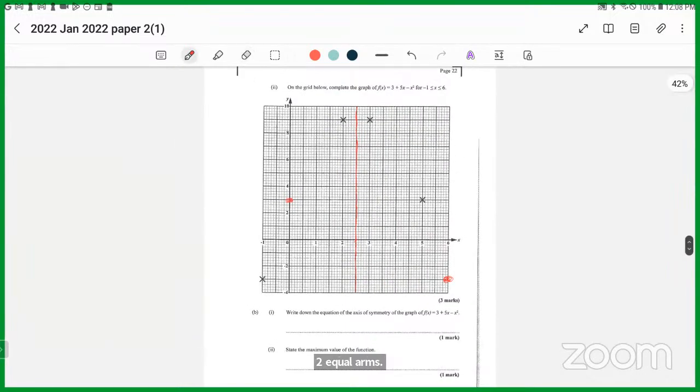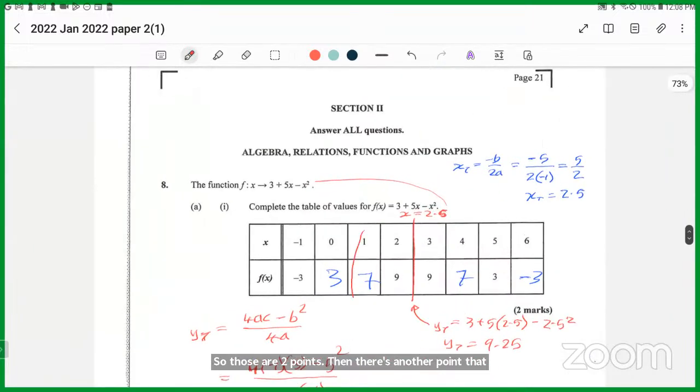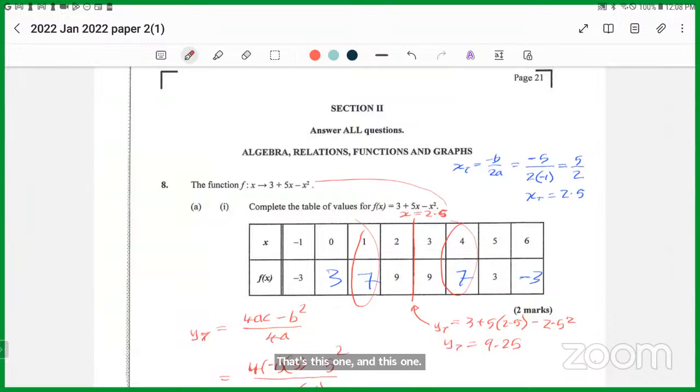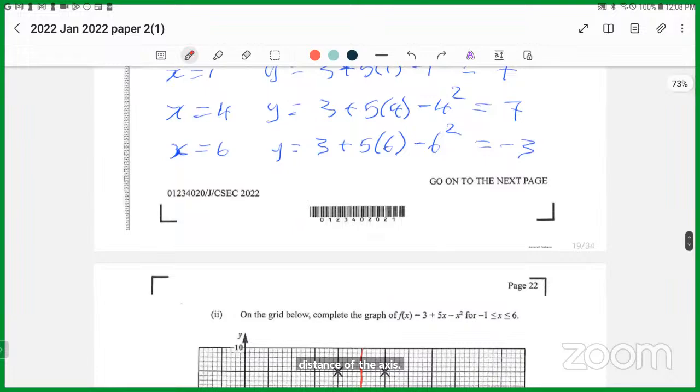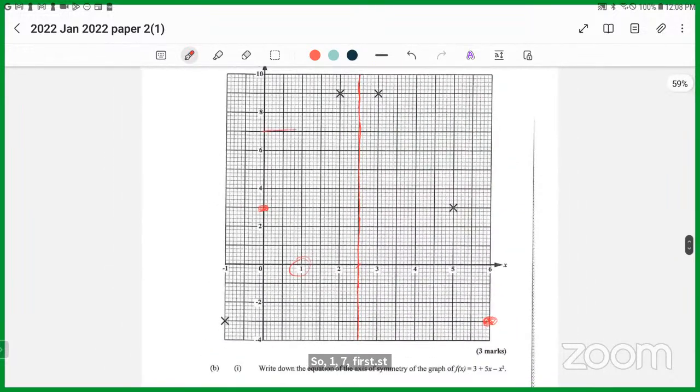Then there's another point now that we have to work out, two of them. That's this one and this one, the (1, 7) and the (4, 7). They sort of correspond to each other in terms of the distance from the axis. (1, 7) first. So 1 here up to 7, so this is (1, 7) right here. We're talking about this intersection here. That is (1, 7).